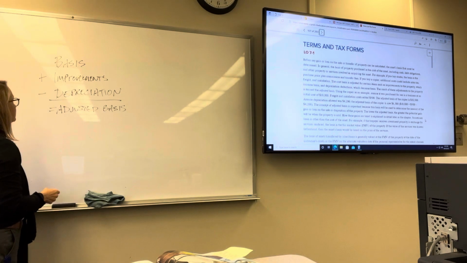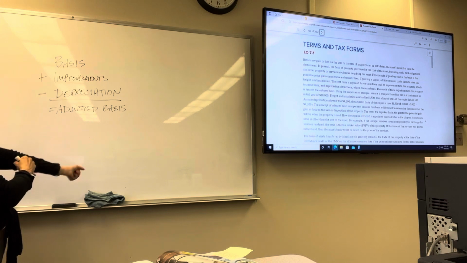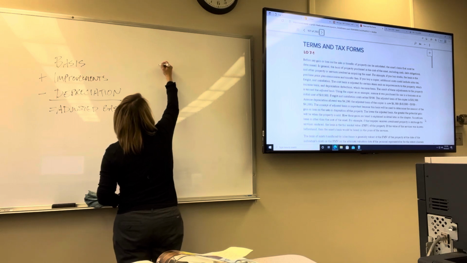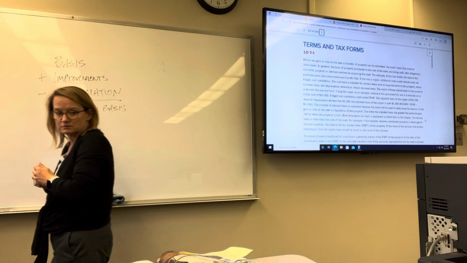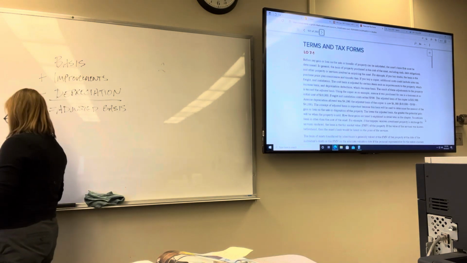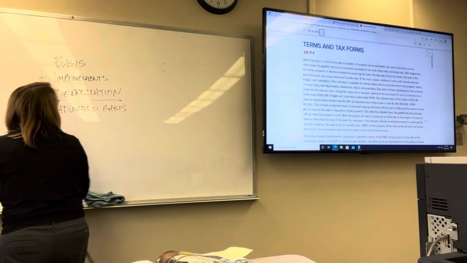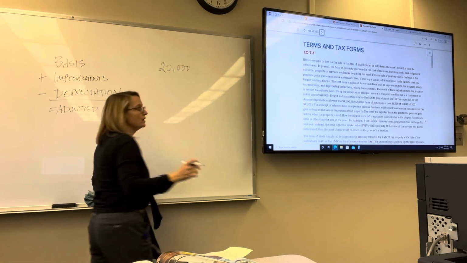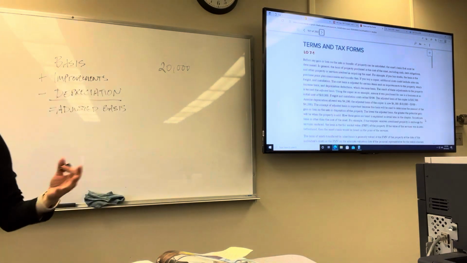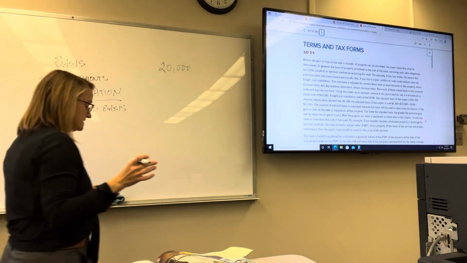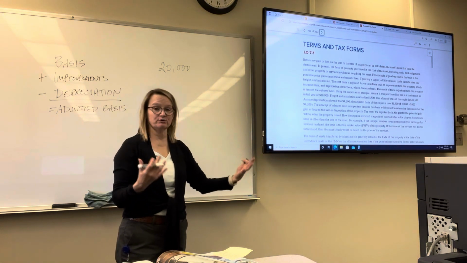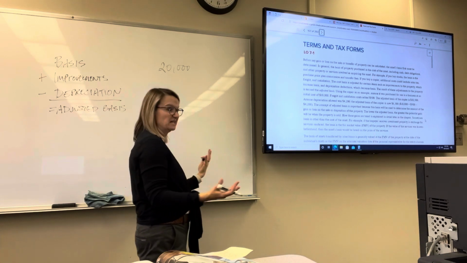So let's just do an example. Let's say we had a piece of equipment that we purchased for $20,000. We owned it for a few years, and then we decided we wanted to add an additional piece to improve it, to increase its efficiency or extend its life somehow.